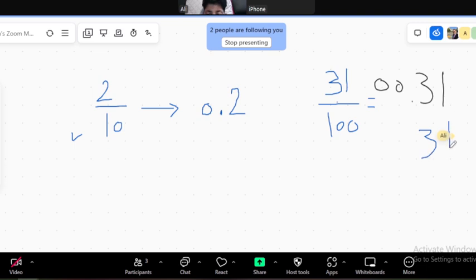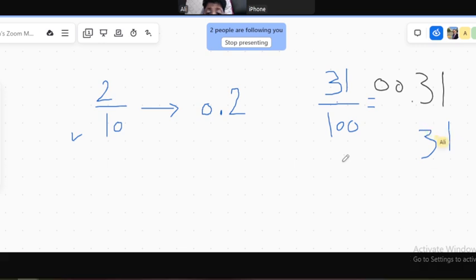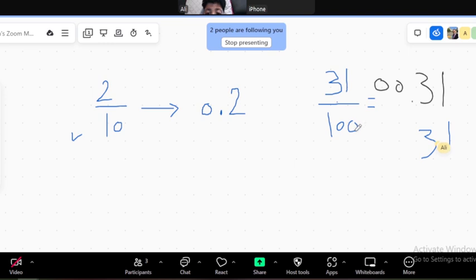Excellent. The number of zeros, we didn't write it. But we use the number of zeros to count how many steps we need to put the decimal point. We have 2 zeros, so we will have 2 steps to put the decimal point. 1 step, 2 steps.